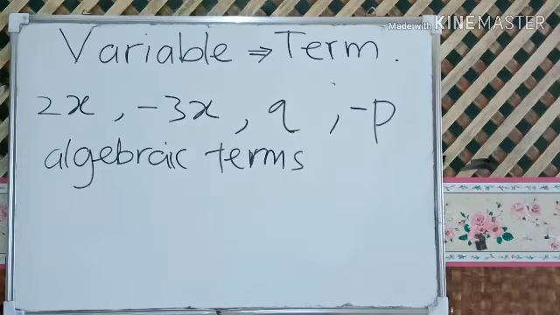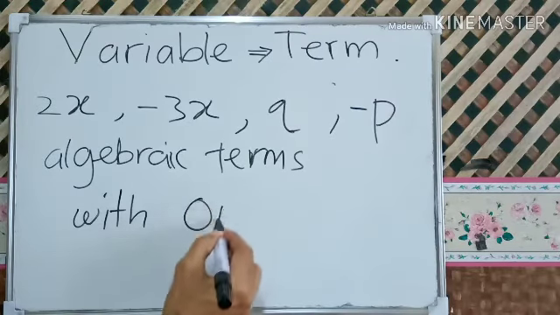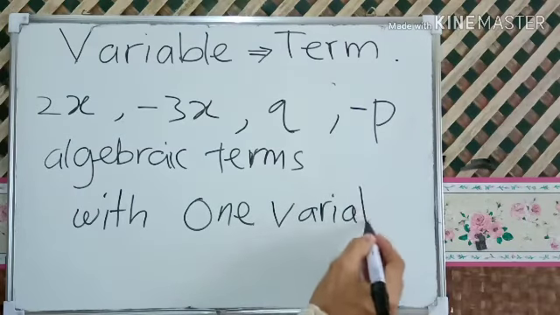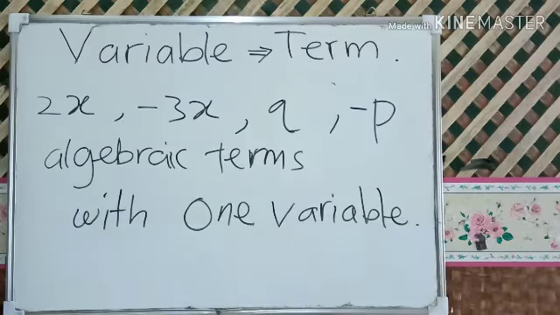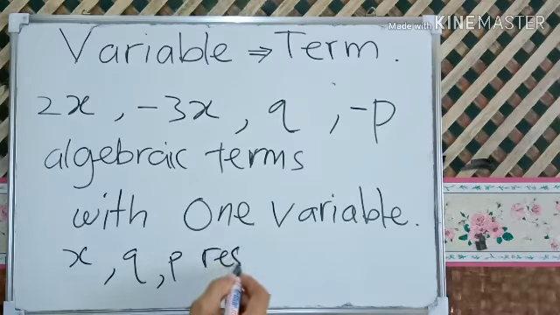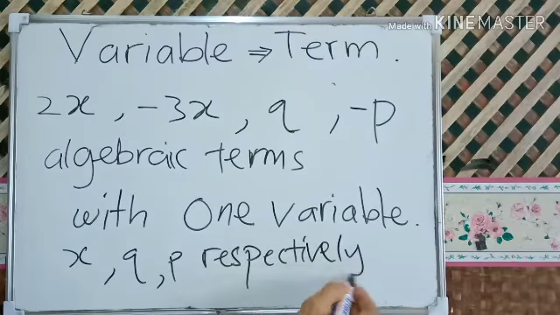They are all algebraic terms with coefficient 1, and the variables are x, q, and p respectively.